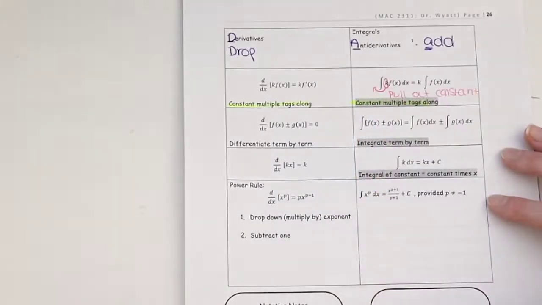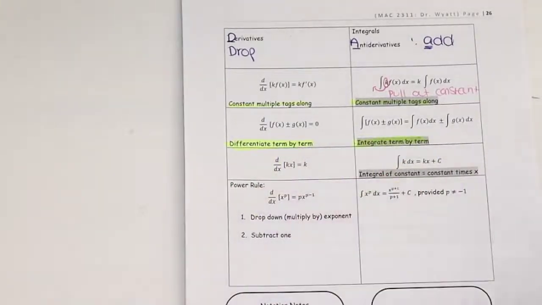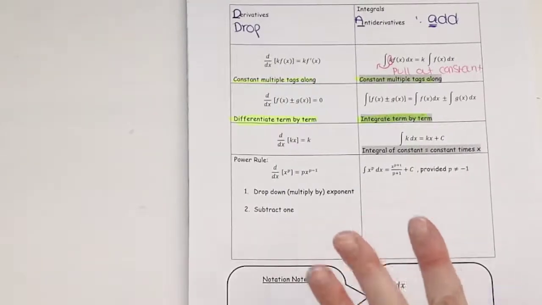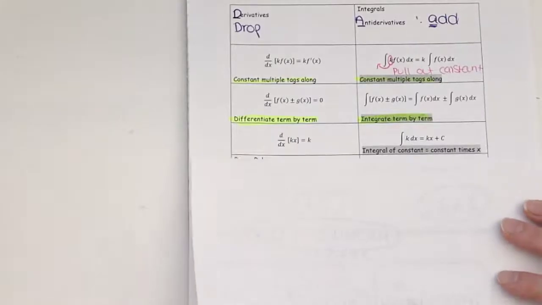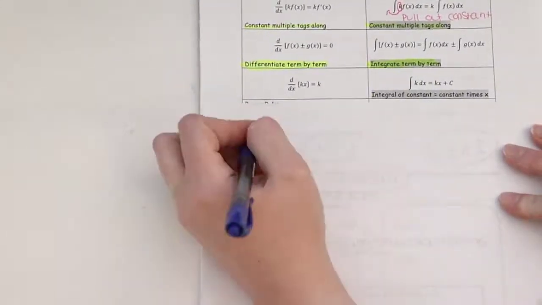All right, and then the same thing goes that for differentiation, we can integrate term by term or differentiate term by term. So that is kind of intuitive: the constant tags along and then we differentiate or integrate term by term.